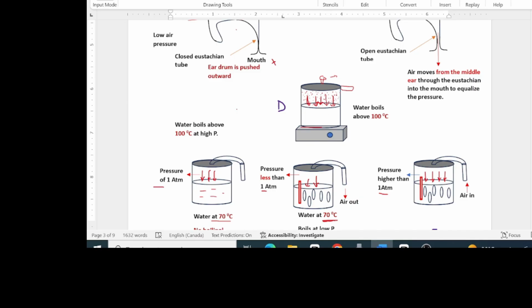As more and more water vaporizes, the greater is the pressure that is created above the liquid. And that keeps going on as more and more water vapor gets trapped inside here to create a greater and greater pressure. And that allows the water inside here to attain higher and higher temperatures before it starts to boil.